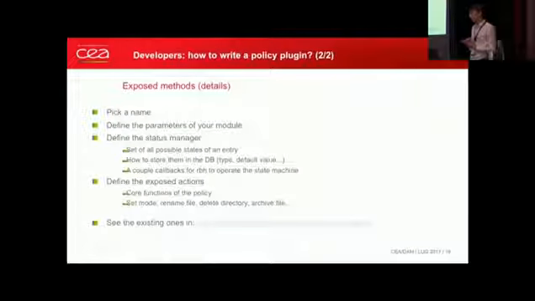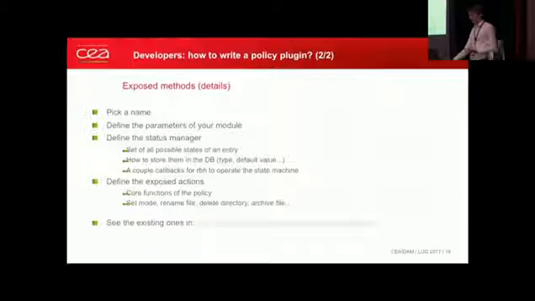Define a status manager. This is optional, but if you need a custom state machine associated to the entries that will be managed by your plugin, this is where you should do it. So it's an enum and a couple of functions to allow Robinhood to operate the state machine.